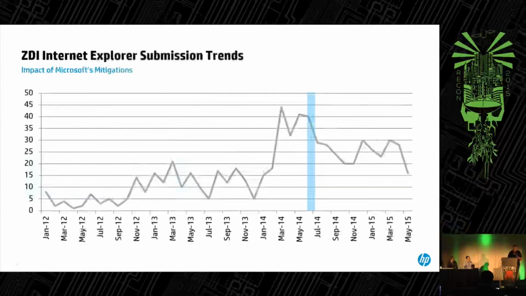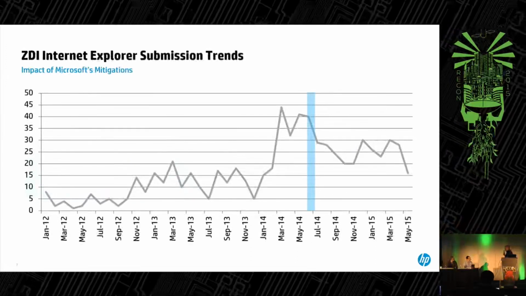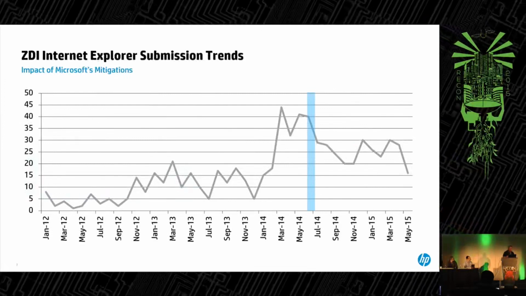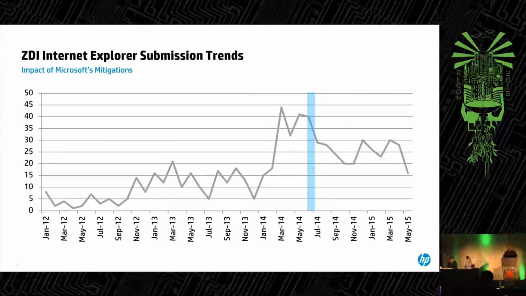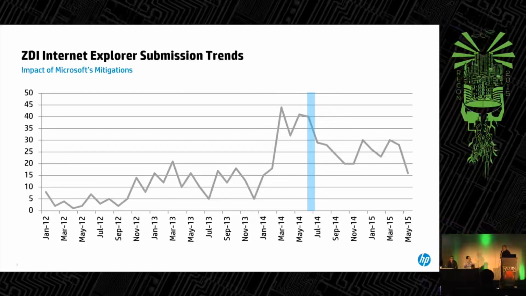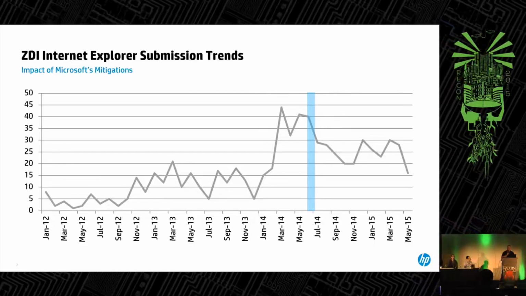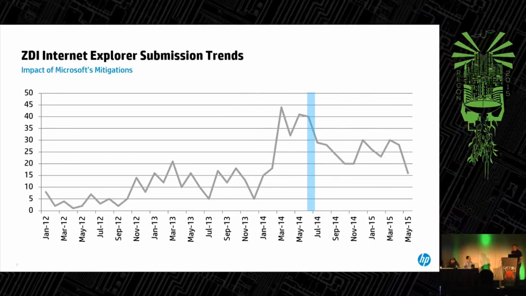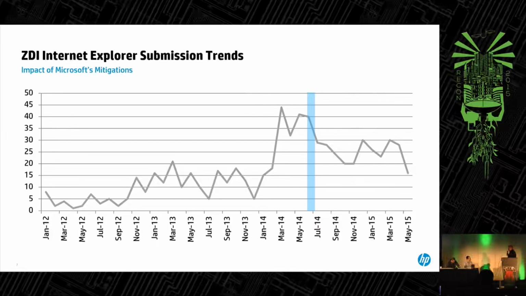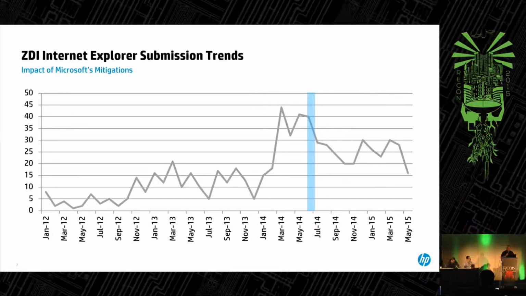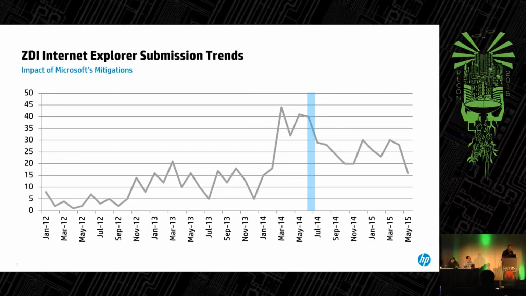So this is the first time that we've ever actually shown some of our submission trends into the program. And you can see over 2012, 2013, we've got vulnerabilities in the teens coming into the program every month for Internet Explorer. And we see a spike in early 2014, and this is because researchers all around the world were developing DOM fuzzers and basically sending their output to us for purchase.